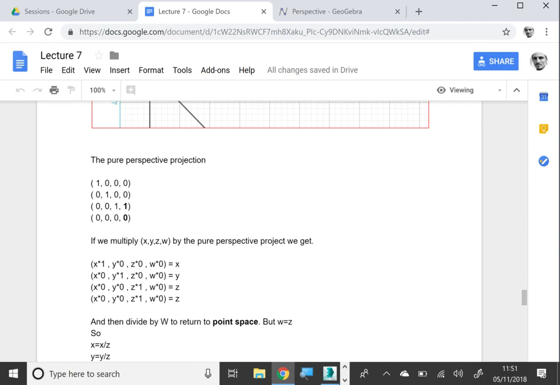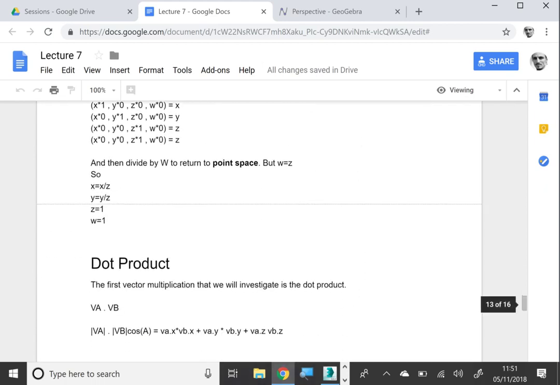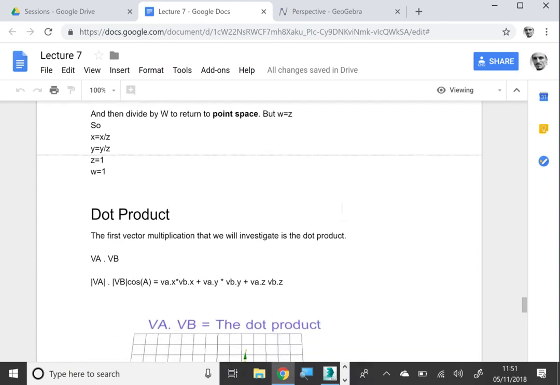So we get an X, Y, Z, W. Then we tell the graphics card to do the divide by W. And W is encoded to be Z, so it's divided by Z. So our Z value gets put into the W, then it does a divide by W, which means what we get out the other end is X divided by Z, Y divided by Z, Z divided by 1, W divided by 1. What spews out is a pure projection.